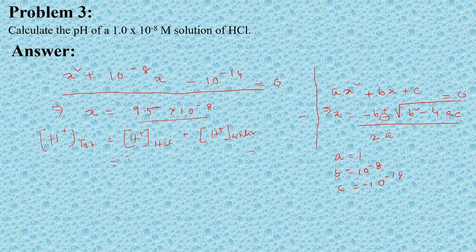So H plus from HCl will be 1 into 10 to the power minus 8, and H plus from water is x, as we considered.